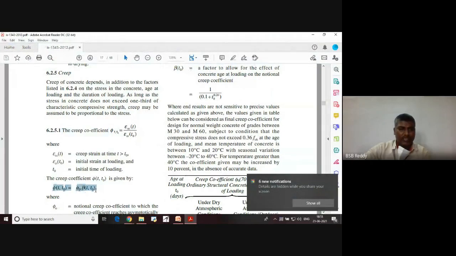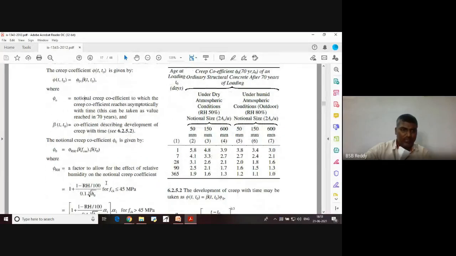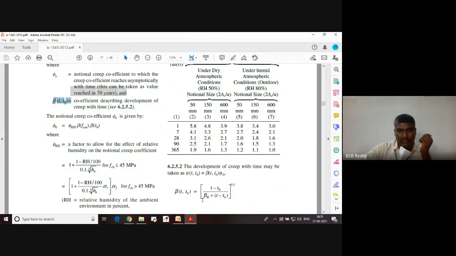So phi will be calculated by simply phi naught into beta. So how you get phi naught is again phi RH, beta FCM and beta T naught, whereas beta value will be calculated from clause 6252, which is here.